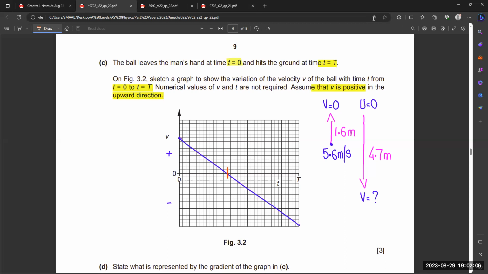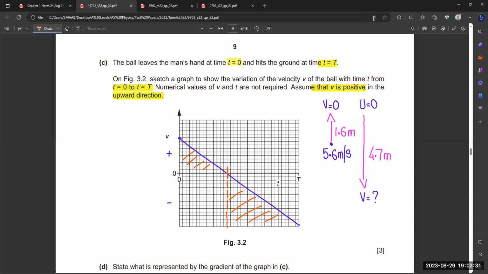But from 0, if you try to find the area under the curve, it is clearly shown in the graph that the upper triangle gives you a short distance and the other one gives you a greater distance. So that makes it clear that this graph is for the motion that we are talking about.